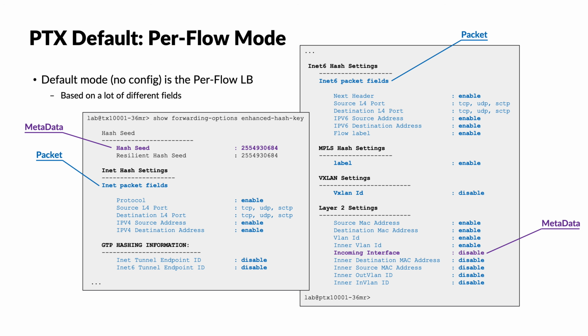The default behavior on PTX 10K or 12K is very different. Indeed, without any specific configuration, ECMP will be enabled. It will automatically pick certain fields in the packet or even select some metadata to create the hashing. So by default, on PTX running Junos EVO, per flow mode is activated. Now, another example to illustrate the differences between platforms.